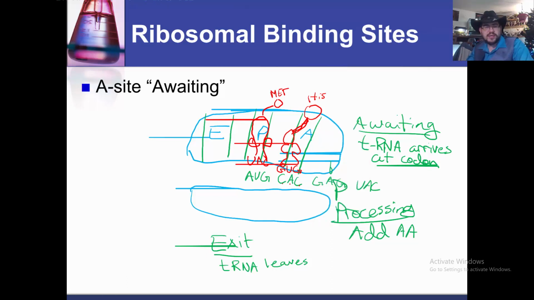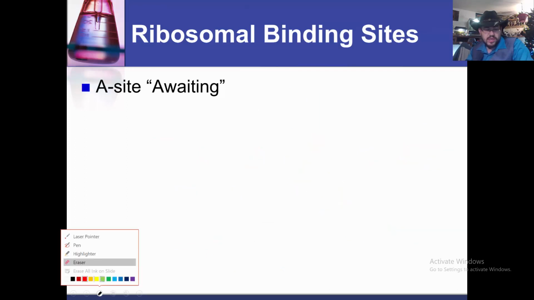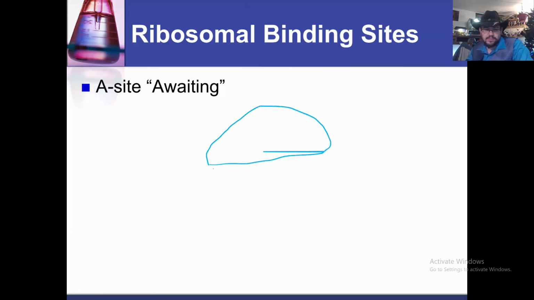So we process that methionine and begin our chain. And then we chunk forward. The drawing is getting messy, so it'll be easier to erase this and start over. Okay, so we chunk forward. Ribosome, mRNA. We've moved forward one.